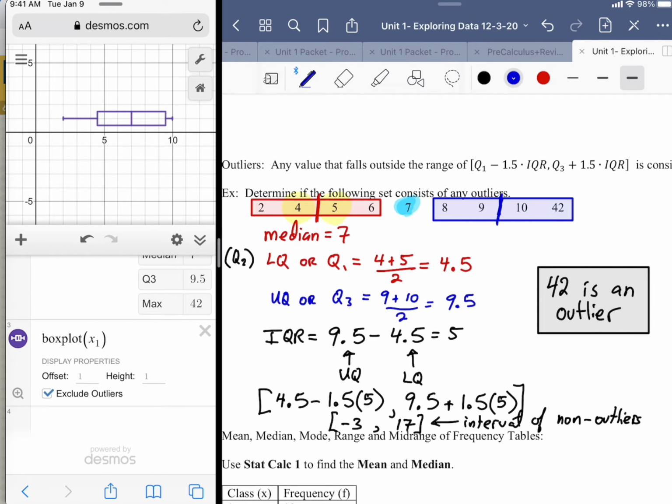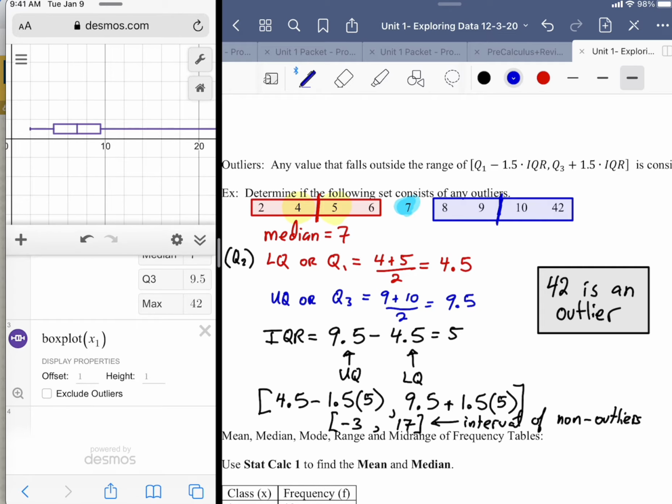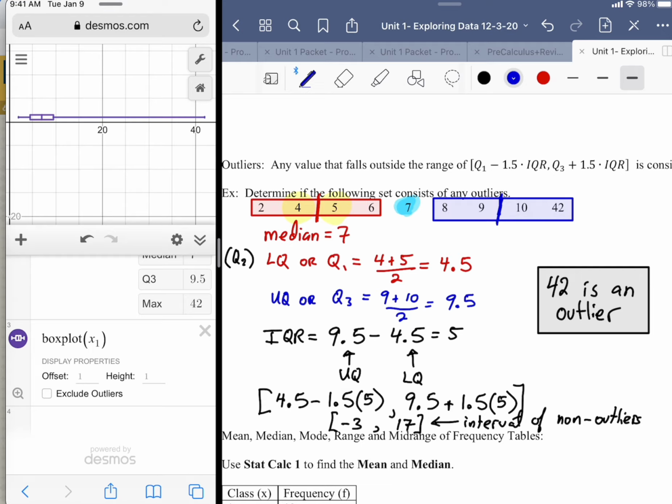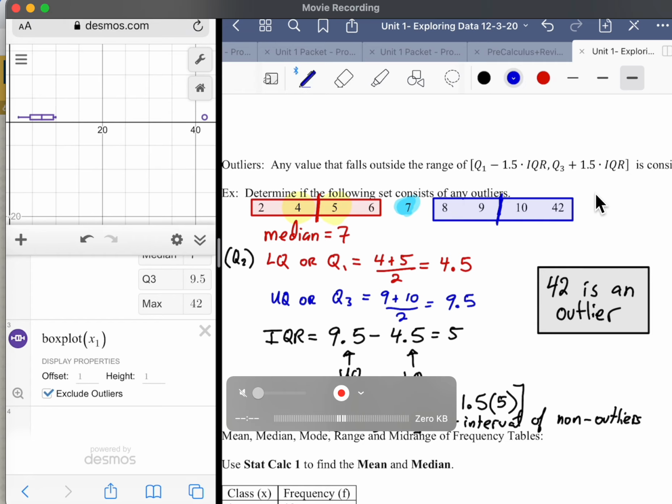So what you do is toggle back and forth. You see this box plot here. If there are any outliers, you can exclude them from the set. So it's a visual inspection. You look at the ordinary box plot with all the data points included. If you tap on Exclude Outliers, it'll identify with an open circle any points that are outliers.